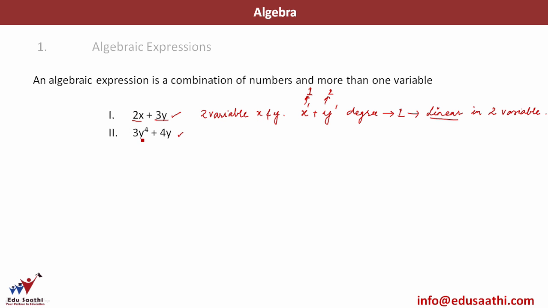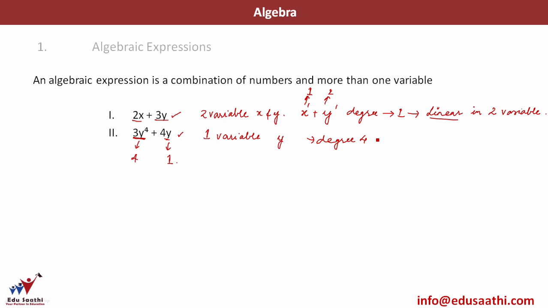If I look at the second expression, it is only one variable. It is only one variable which is used in both the terms, which is y. If I look at the first term, the power is 4. The power here of y is 1. So it will be an equation of degree 4. And it will not be a linear thing.